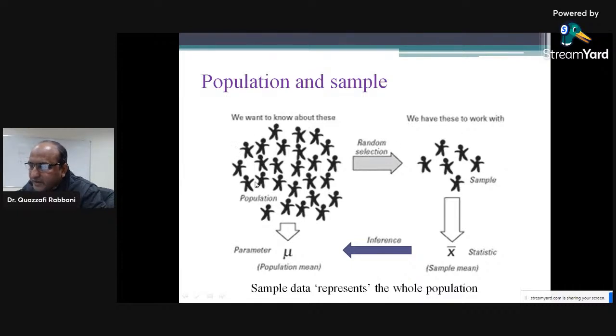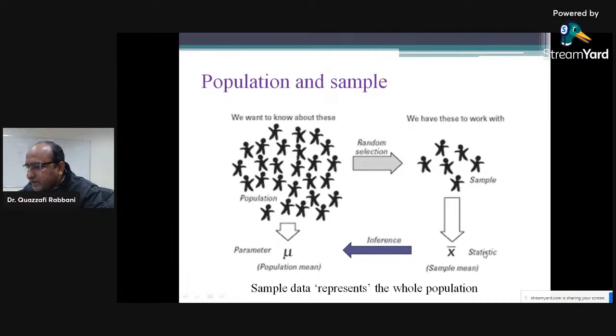If we study this population and find some function from this population, this function is known as a parameter. That is, the parameter is the function of the population. And if we study the sample and find some function from this sample, this function of the sample is known as a statistic, not statistics, statistic.